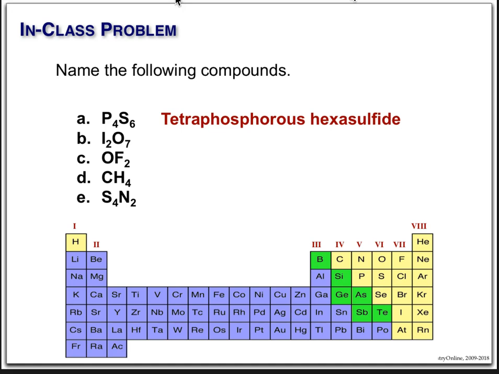Two iodines. So we're going to write diiodine. And what's 7? Hepta, right? And we're going to have the AO thing again. So we'll just call this diiodine heptoxide.